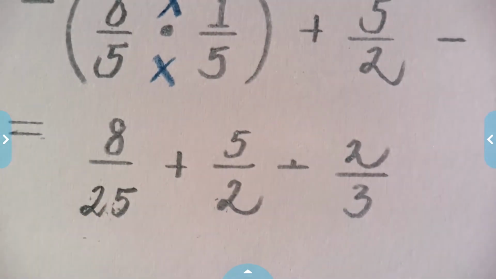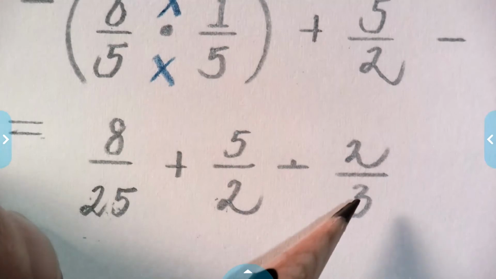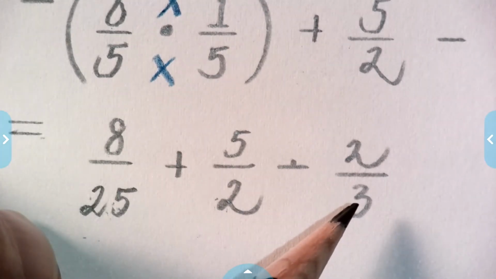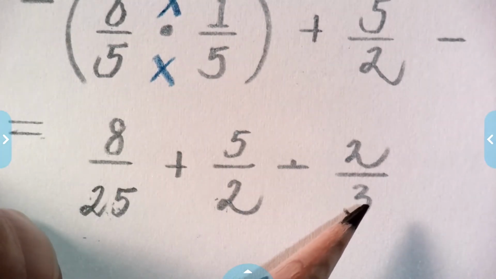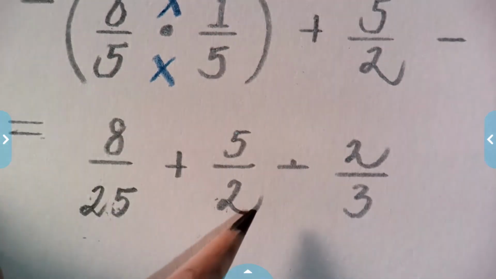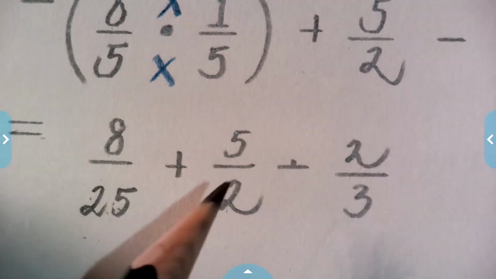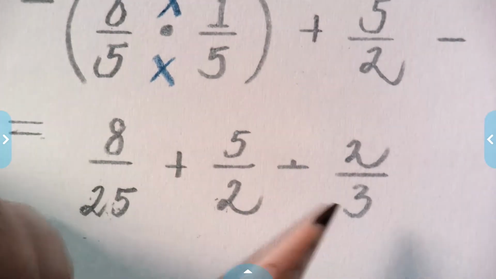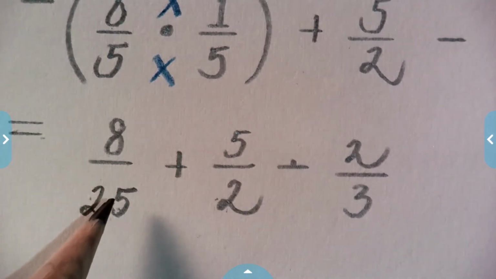Try 150. Ooh, remember before when we said 3 times 5 is 15? Well, 3 times 50 is 150. So that'll work. And 150 is an even number, so that'll work for 2. 2 times 75, 3 times 50, and then 25 times 6.